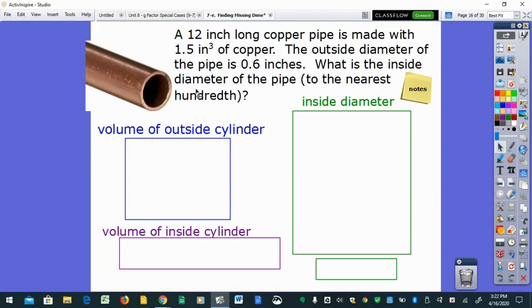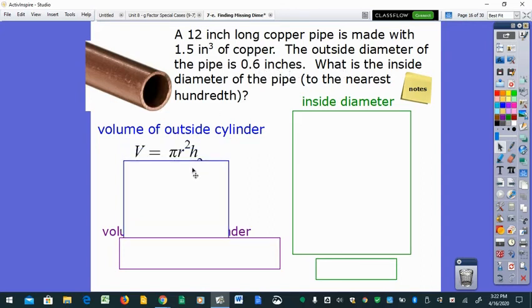So I'm going to start by finding the volume as if it didn't have a hole. I have a 12-inch copper pipe, and I know that the outside diameter is 0.6. So I'm going to use the volume formula of a cylinder. I'm going to put the 12 inches in for the height, and I'm going to put the 0.3, half of the diameter, in for the radius.